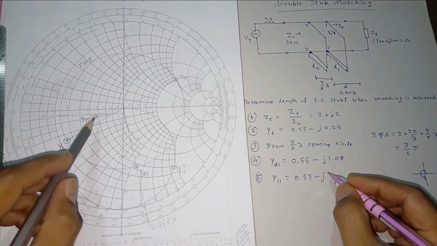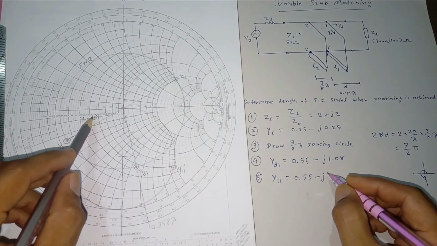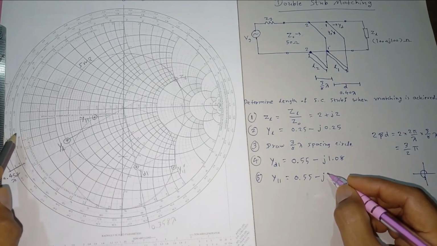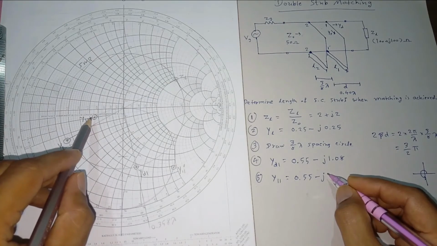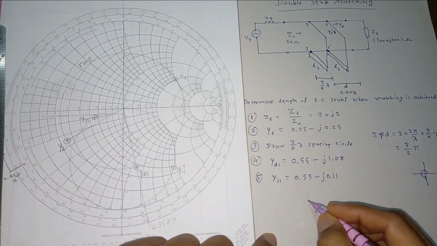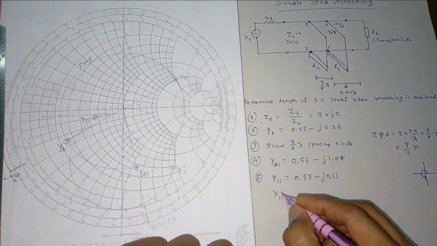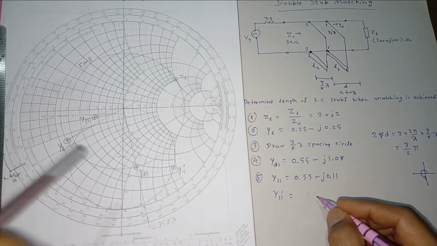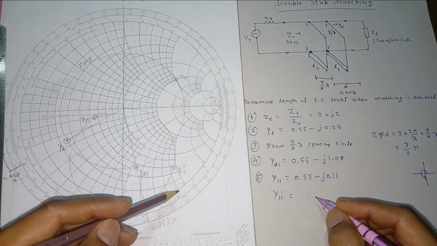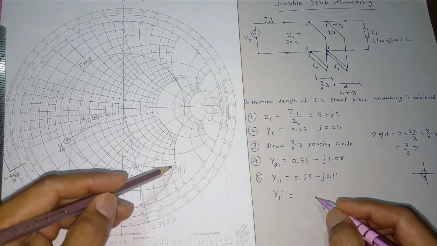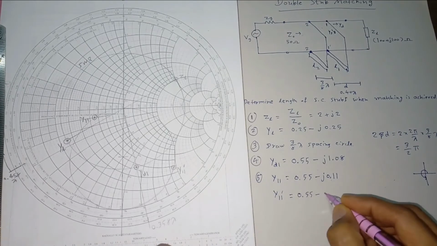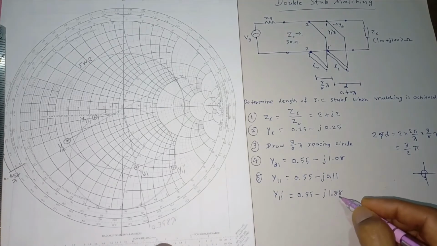If you look at the imaginary part, this circle represents not exactly 0.1, but more than that, so it is 0.11. Similarly, Y11 dash is 0.55 minus j 1.88.